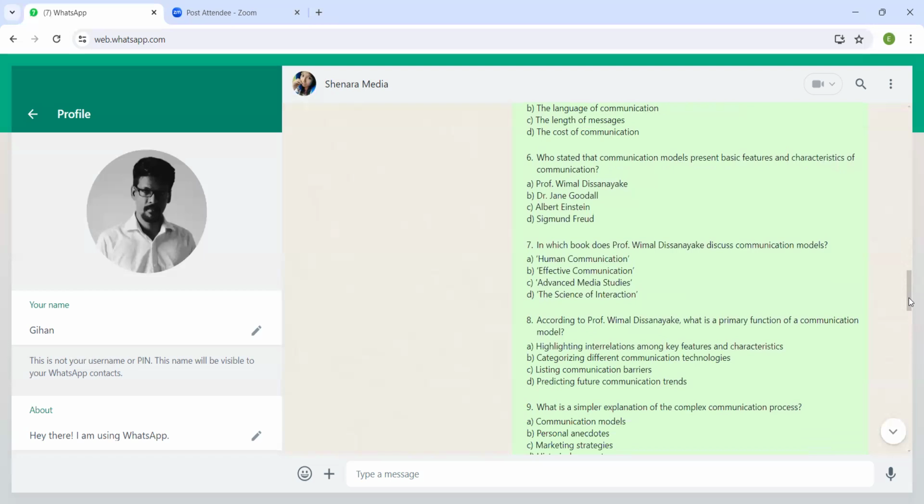According to Professor Vimal Disanayake, what is a primary function of a communication model? Highlighting interrelations among key features and characteristics. That's the answer.